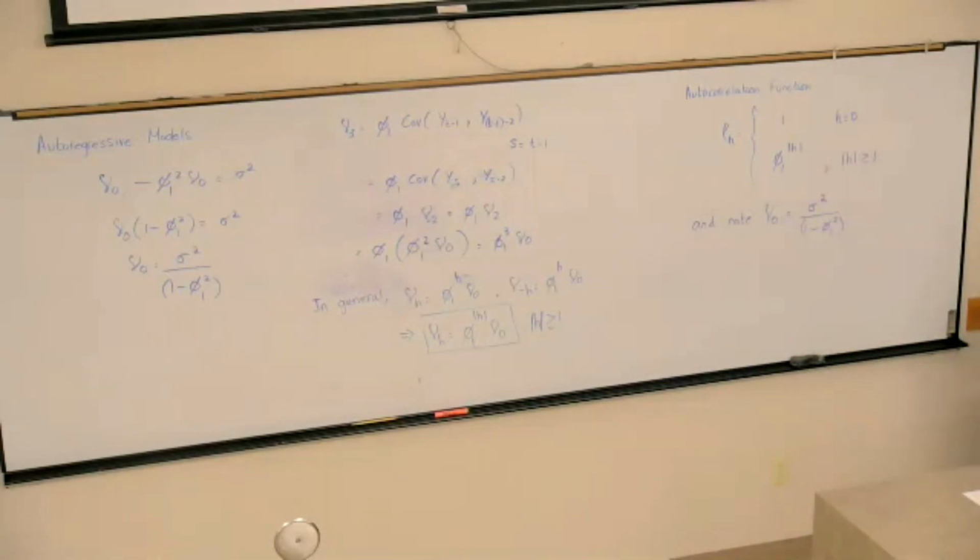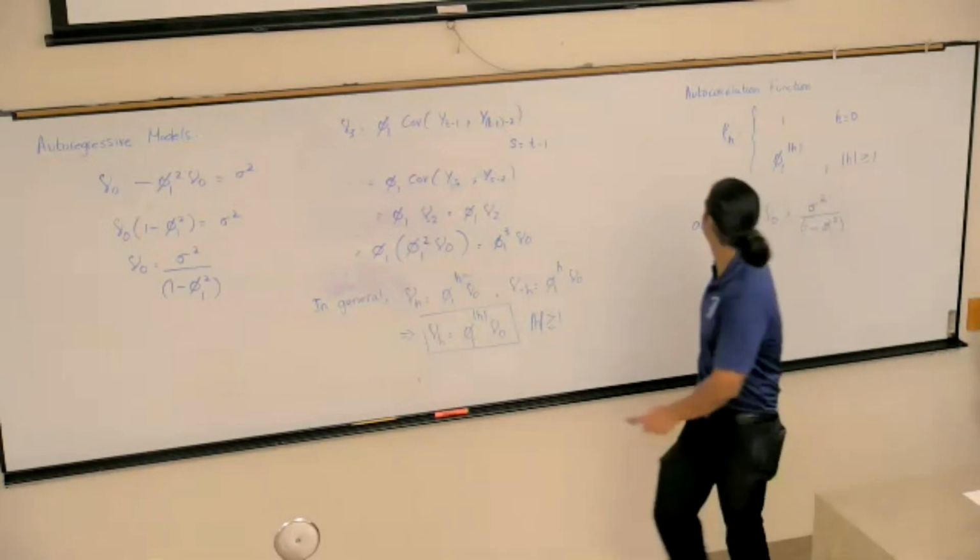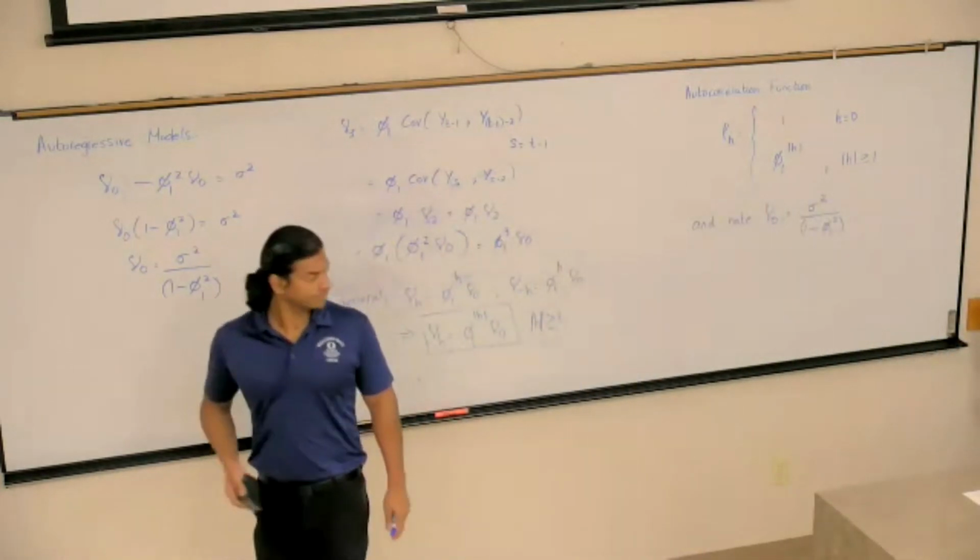So even with the AR models, rho when h is 0 is always 1, regardless if it's an AR or an MA. Yes, okay, because you're correlating the series to itself.